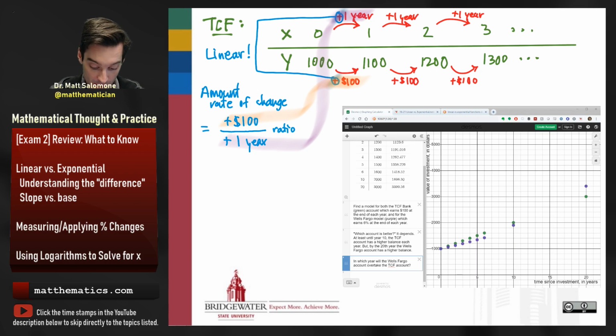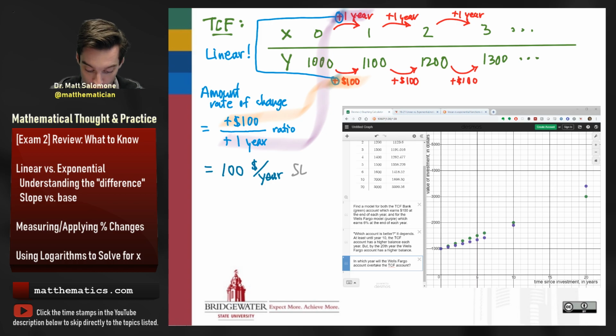I divide these two numbers. 100 divided by 1, well, that's an easy division problem, right? 100. But when I divide these numbers, I also divide their units. And so I can understand the units of this as dollars on top and years on the bottom. And carrying those units through in this calculation actually helps us to contextualize and explain to somebody who's not taking a math class what this number actually tells us.